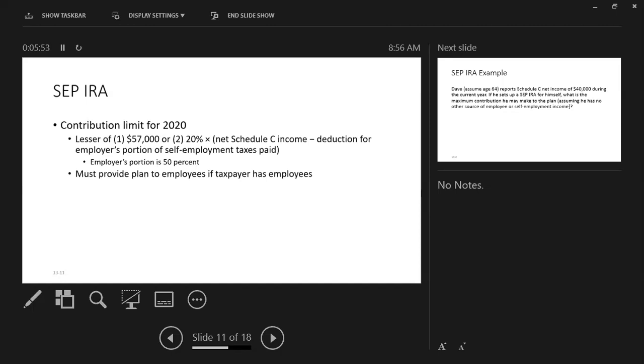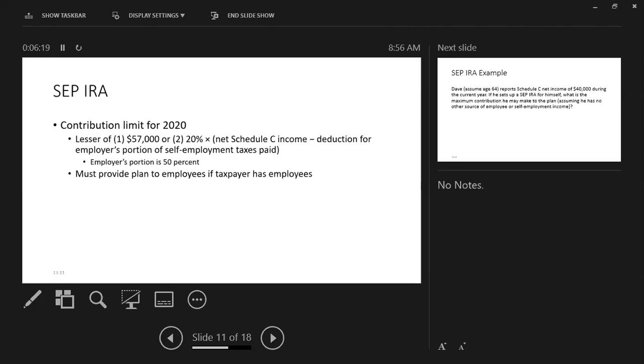Remember, $40,000 is not the amount that's subject to self-employment tax. We first multiply the profit by that 92.35%, then by the 15.3%, then 50% of that. So 2826 is subtracted from the 40,000.